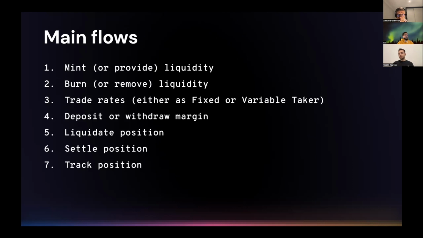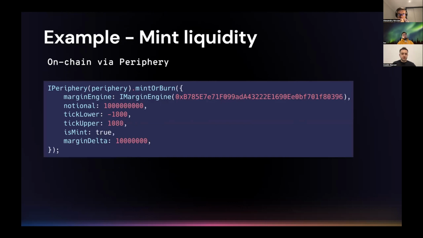Right. For the sake of this guide, we focus on the first flow, on the mint or provide liquidity, and we analyze how we can activate this flow both on chain via the periphery and off chain via the SDK. So let's go to this example.